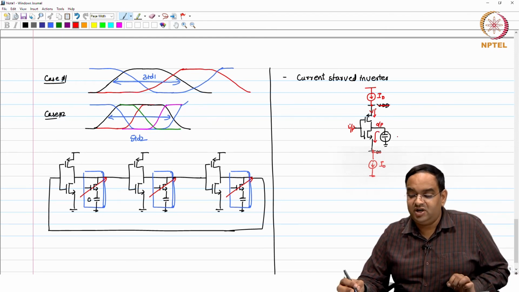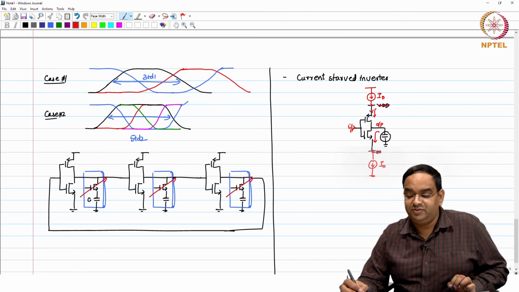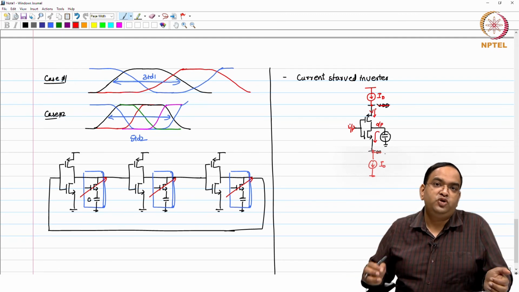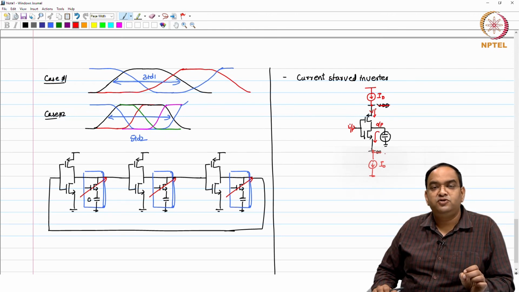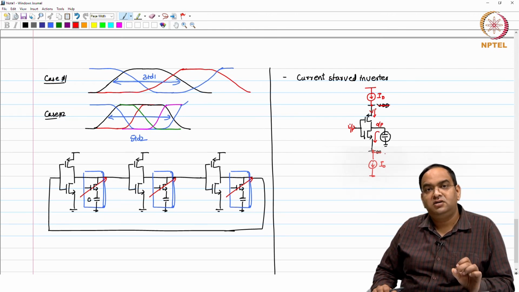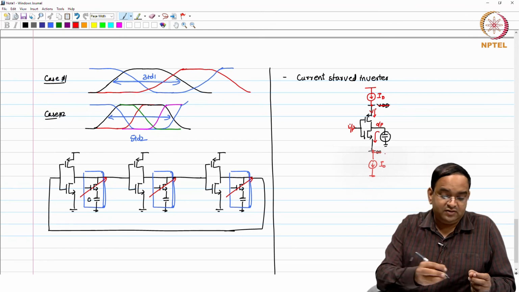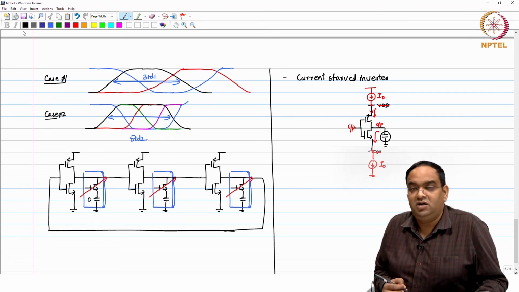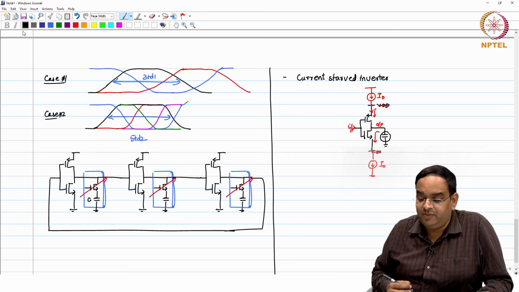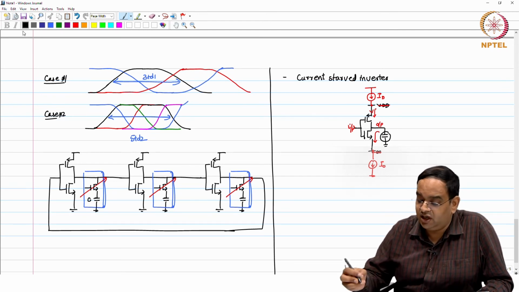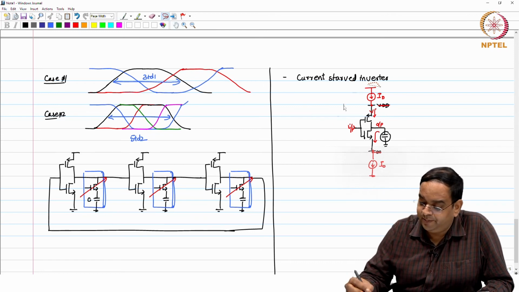Similarly, the maximum current which can be used to discharge the capacitor is also I naught. So, you are limited now by the current which is used to charge or discharge the capacitor. This is going to reduce the frequency of oscillation, and it will also help in controlling the frequency of oscillation. How? Let us just look at it.